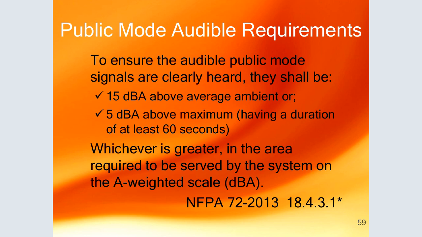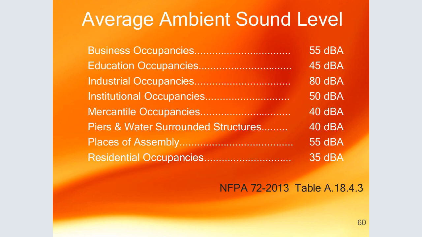So whichever is greater in the area required to be serviced by the system or the weighted scale, that is the dBA. And we have the average ambient sound level. You can see here for business occupations, these are a set of sounds that are there for the sounders to be able to sound the alarm.